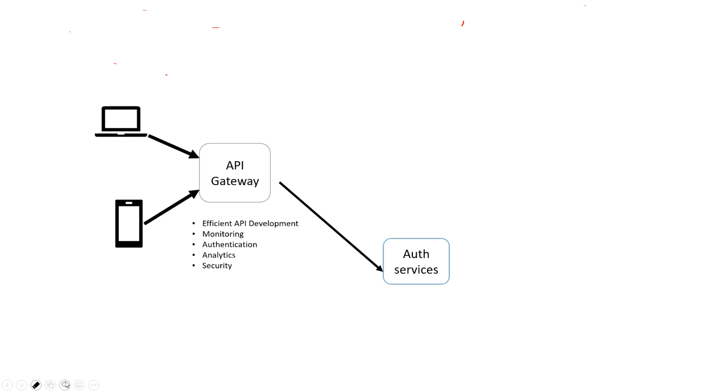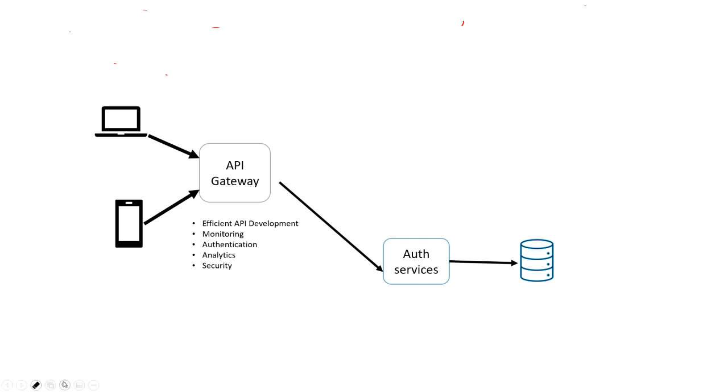When you enter the username and password, they will come to this service, and this service will check in the database whether he is a valid user or not. If he is a valid user, he will be provided a response back saying that he is a valid user. So the API gateway will communicate to the authentication service, and the authentication service will check the database.